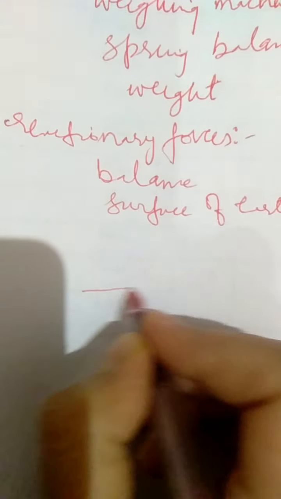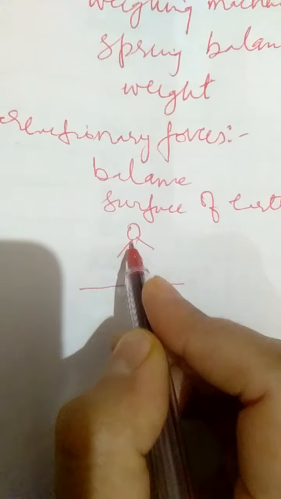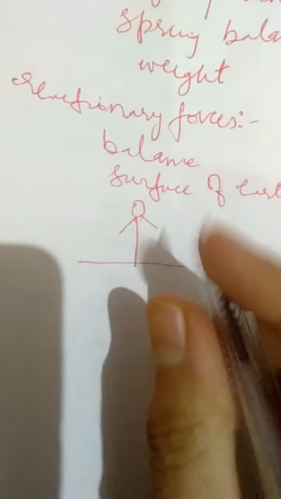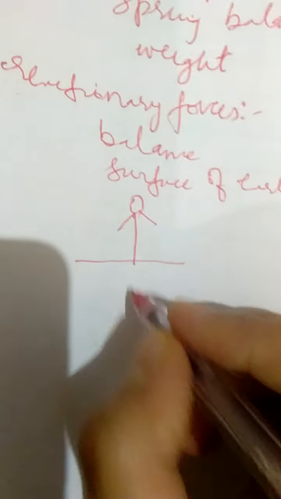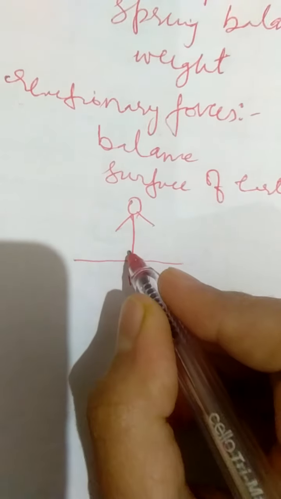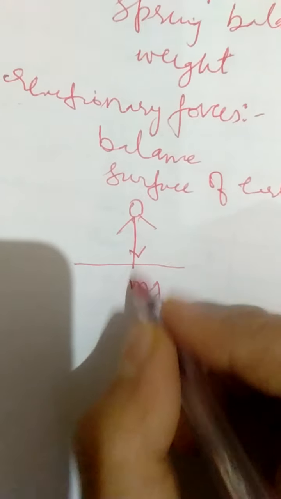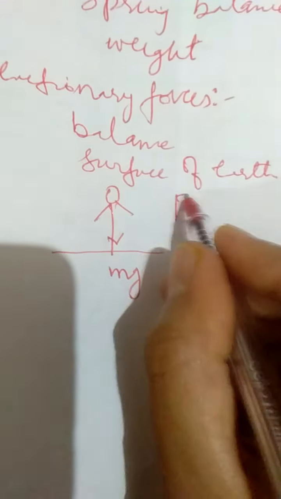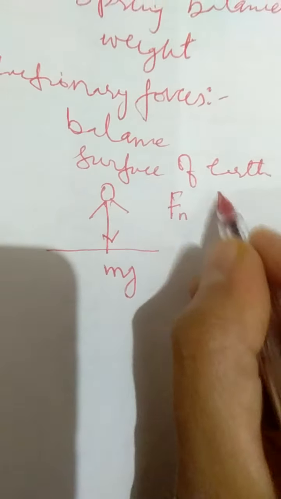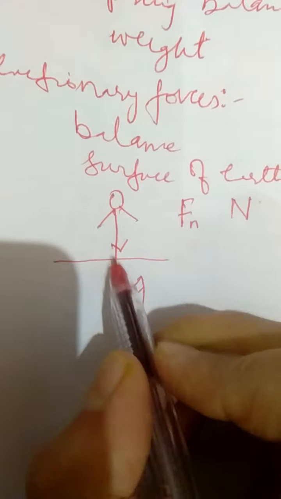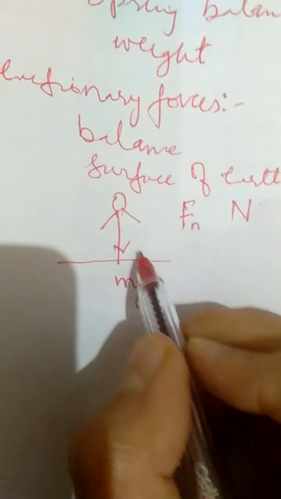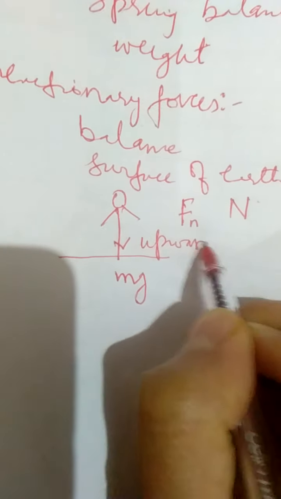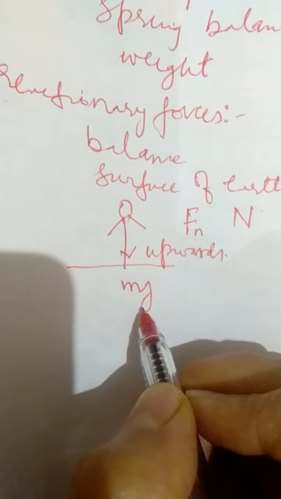Now, for example, if a person is standing on a floor, there are two kinds of forces that act on him. One is his own weight, that is mg. It always acts downwards. And another is the reactionary force or the normal force that we denote by Fn or capital N. This force acts normally upwards and it balances the weight of the body.